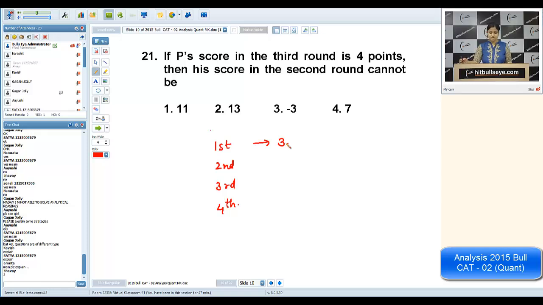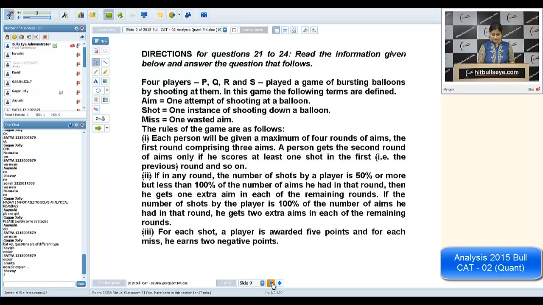Okay, so I'm considering both these cases. If your shots are more than 50% and less than 100%, then you will get 1 shot extra. Otherwise, you will get 2 shots extra. Otherwise means if you are getting 100% shots. Okay, that was the thing. Now, there is one more condition given in the question. If R scored 11 points in the second round. Now, coming to the question once again.